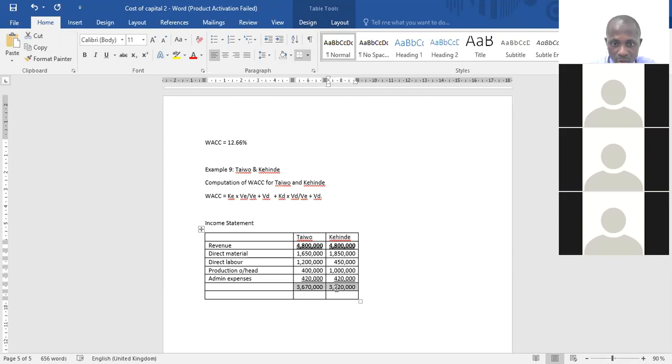This is my total expenses. Let me also give it 2 underlines. So we have gotten our total expenses. We have gotten our total revenue.